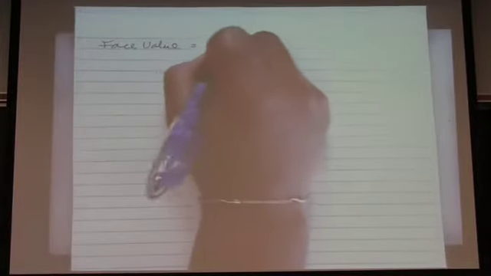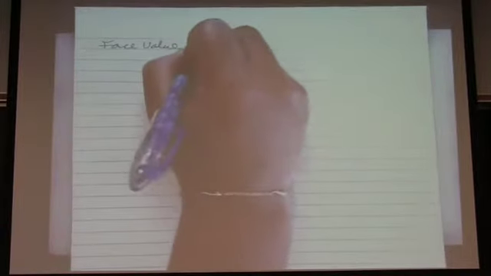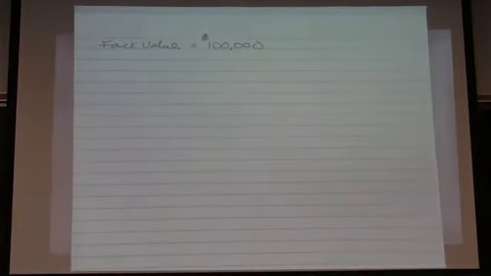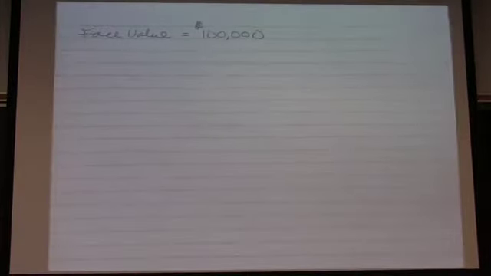So let's say the company issues a bond and the face value of the bond is $100,000. And the face value means that's the value on the bonds at maturity.